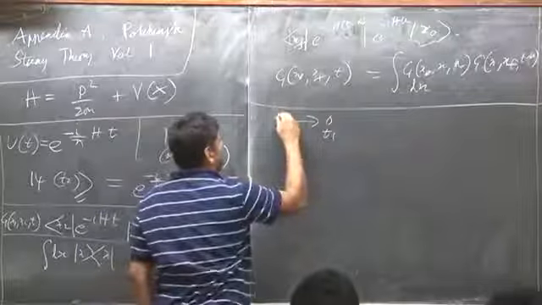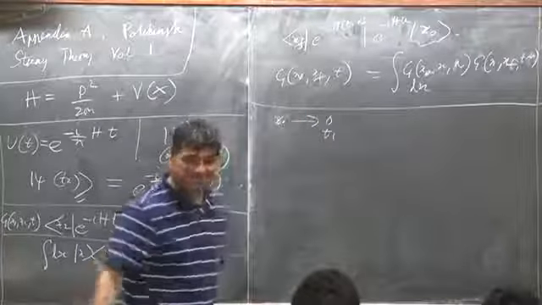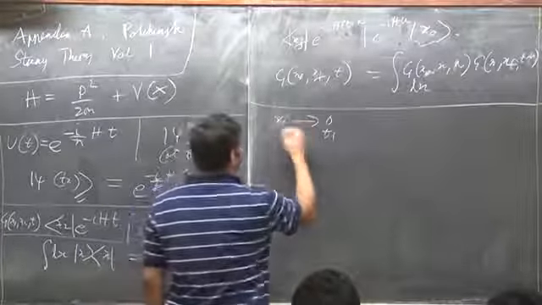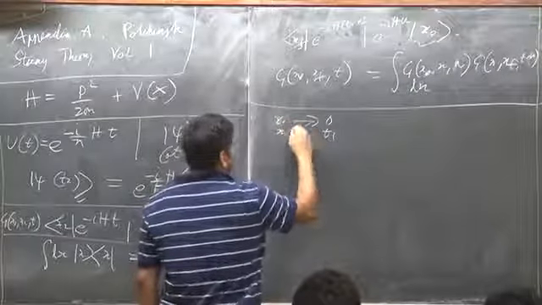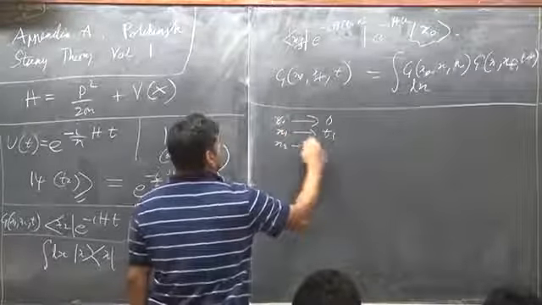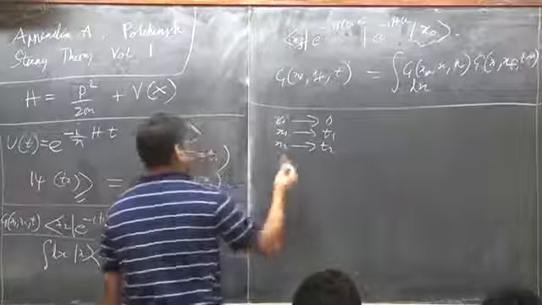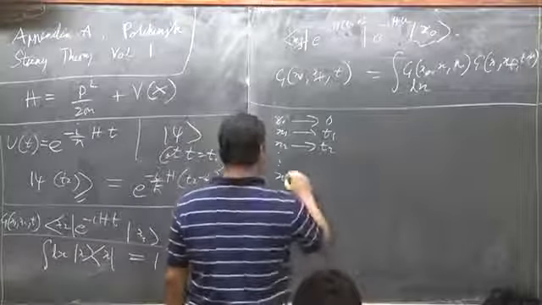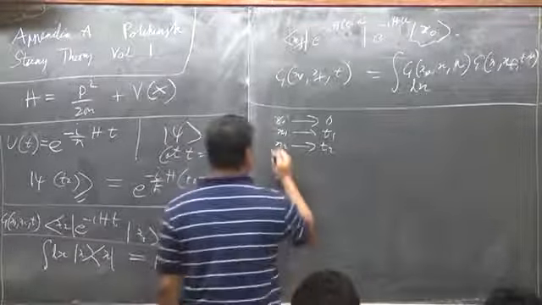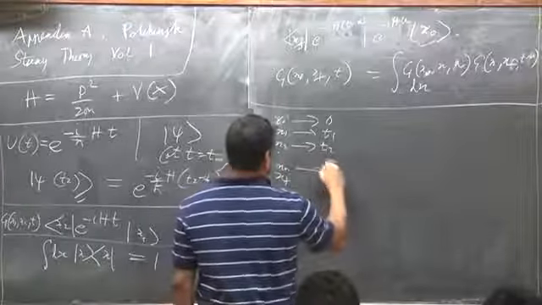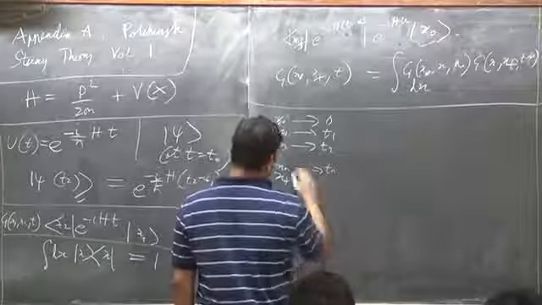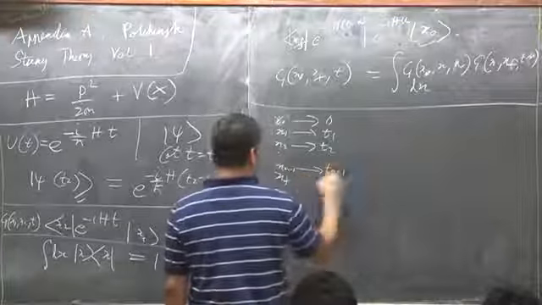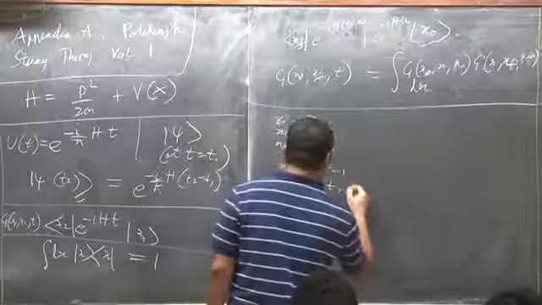Suppose it's an x0 at time t0, which is 0, and we'll call this x1 at time t1, x2 at time t2, up to xn at time tn, xf at time tn, which is equal to t.